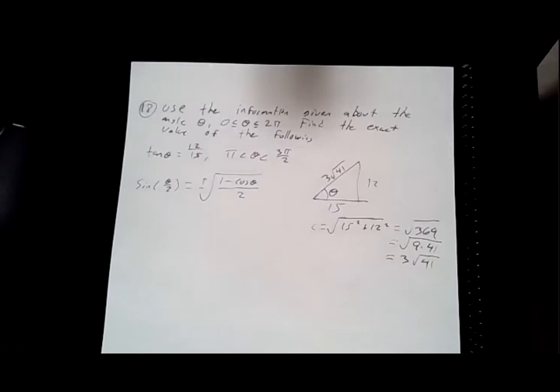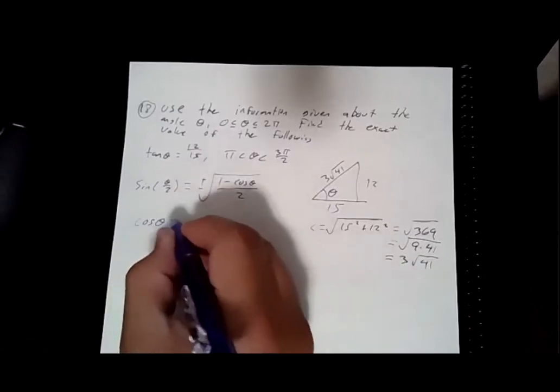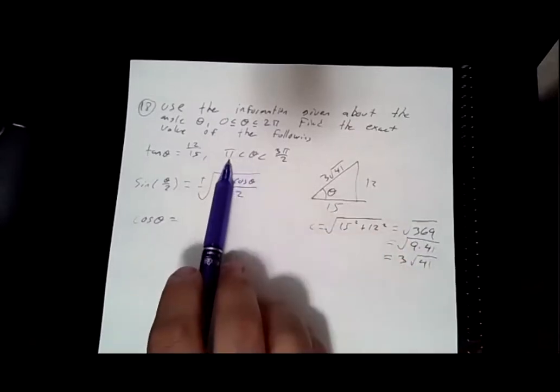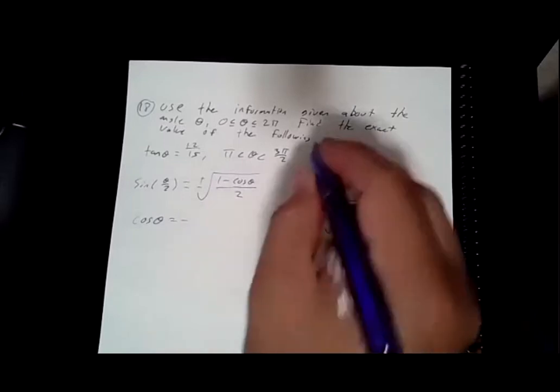Okay. So all I really need is cosine, right? Cosine theta is equal to, this is quadrant 3 still, right? So cosine, they're both negative there. So minus adjacent over hypotenuse.